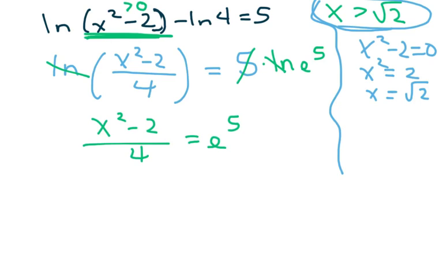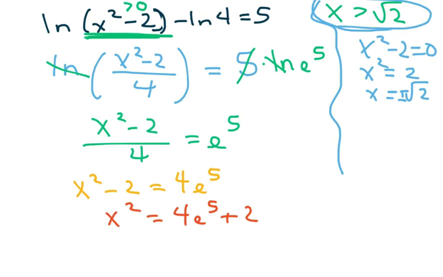Or it could be plus or minus because you're squaring it out. Sorry. All right, so let's cross multiply here. We get x squared minus 2 equals 4e to the 5th. I'm going to add 2 to both sides. Then square root both sides.